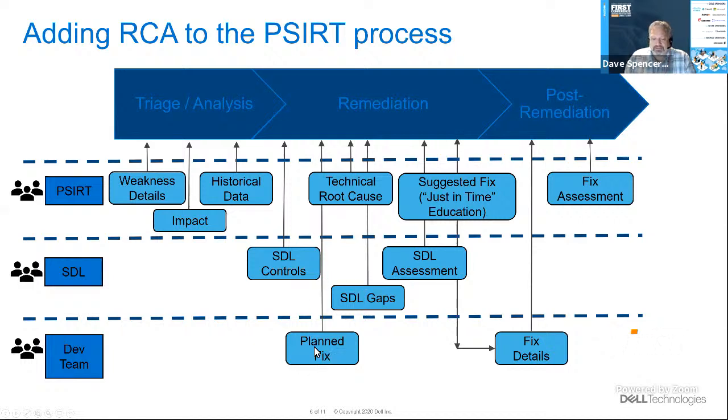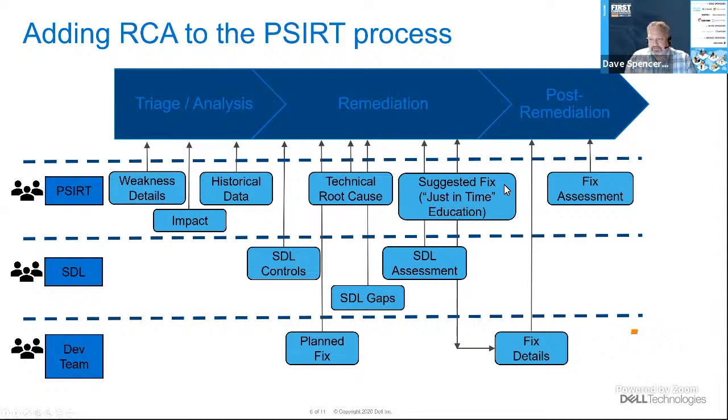We ask the development team earlier on, how are you planning to fix this? Because that gives us a chance to provide feedback earlier. We try to dig a little bit into, based on all the things we've just learned, what we think the technical root cause of the issue is, and confirm that with the dev team. What this gives us a chance to do is provide some just-in-time education.